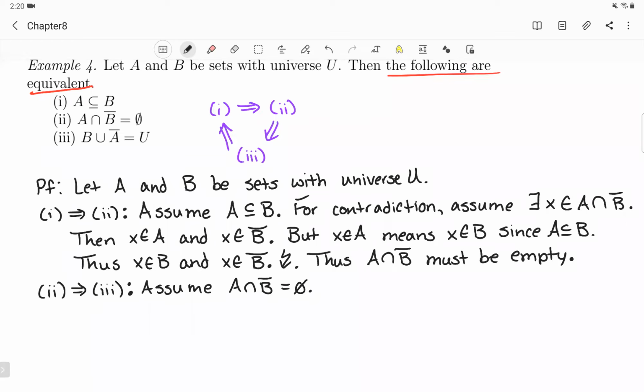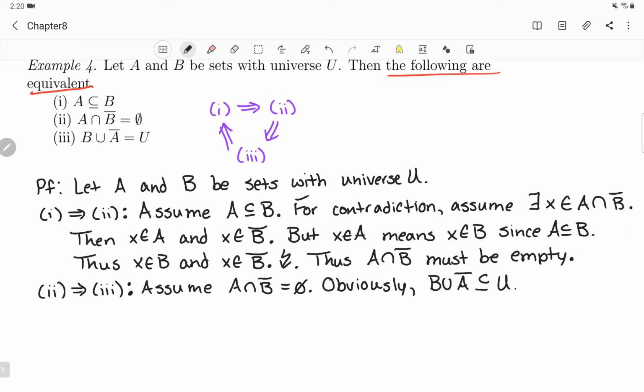So 4 equals the universe. I guess I should technically show subset both ways, but one's kind of stupid. So we can say, obviously, B union A complement is a subset of U because it's the universe.